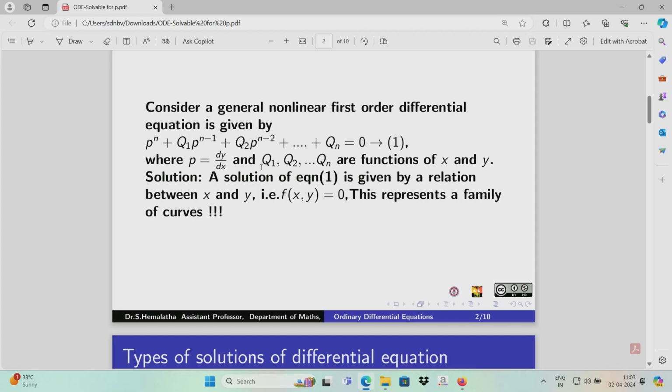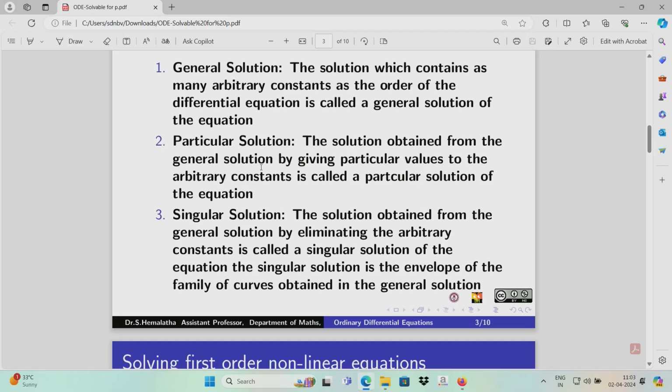When we talk about solutions, we have three types: general solution, particular solution and singular solution. A general solution has one arbitrary constant for one independent variable.